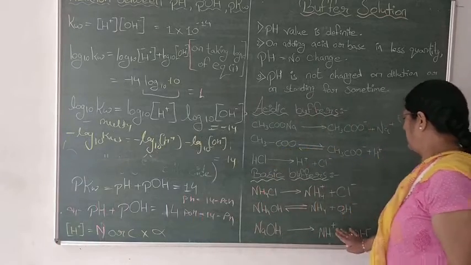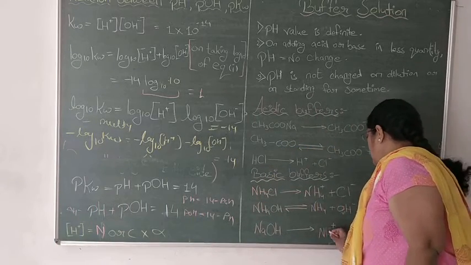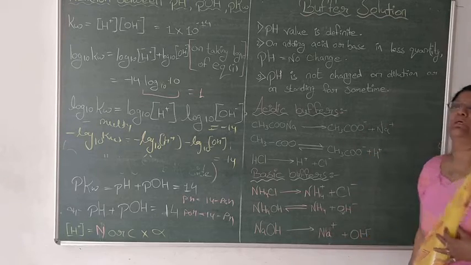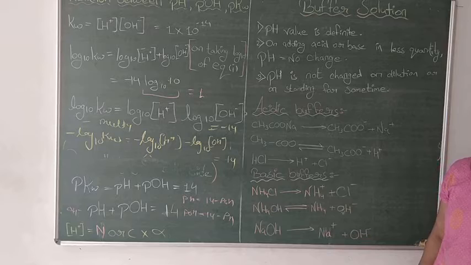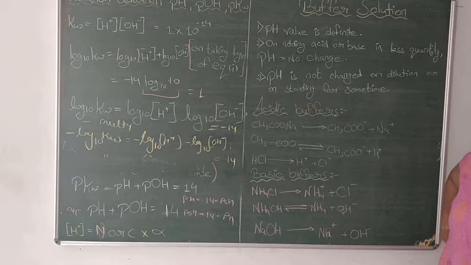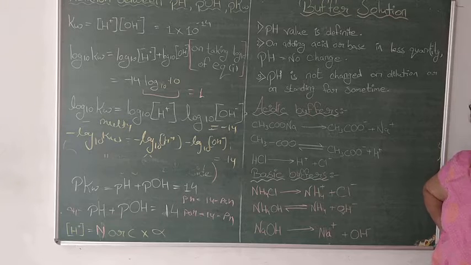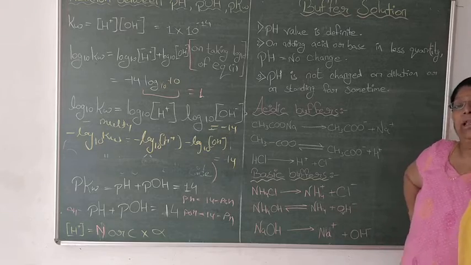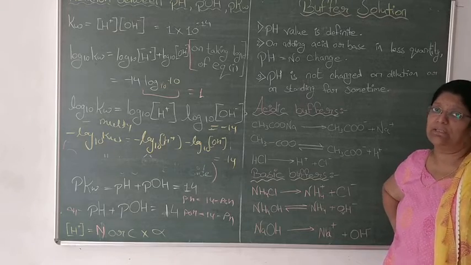Those solutions whose pH remains unchanged are considered buffer solutions. Those solutions whose pH remains constant are considered buffer solutions. Suppose we add a small amount of HCl or a small amount of NaOH to change their pH, then their pH will still remain the same.